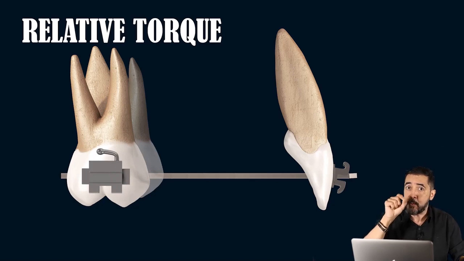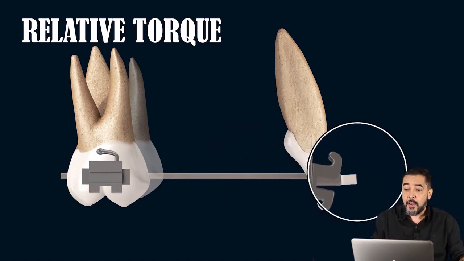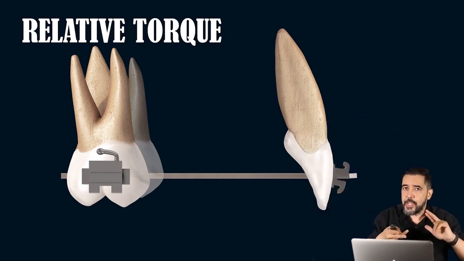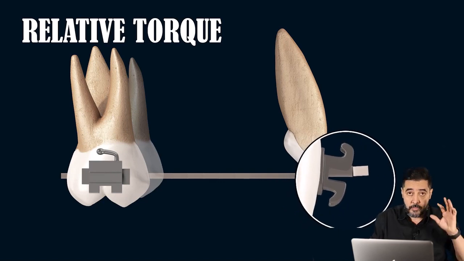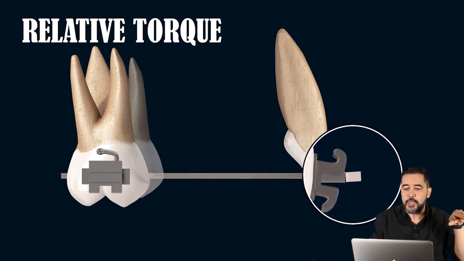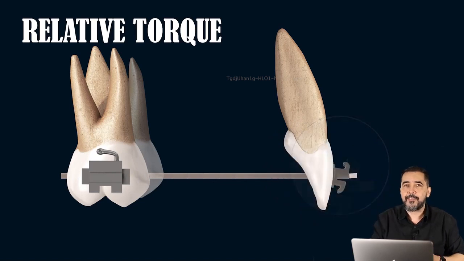Same torque, same real torque, which is completely neutral. Neutral torque. No torsion at all in the wire. What is going to happen now? Same torsion, zero torsion, neutral real torque. Now we have a palatal inclination of the crown.